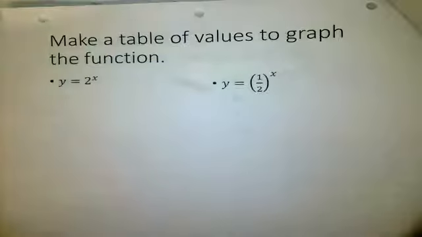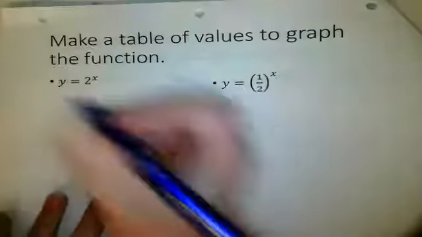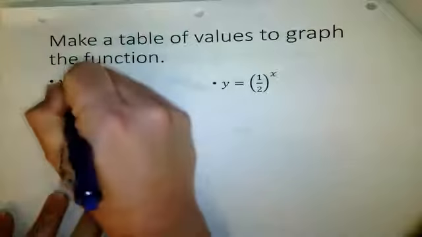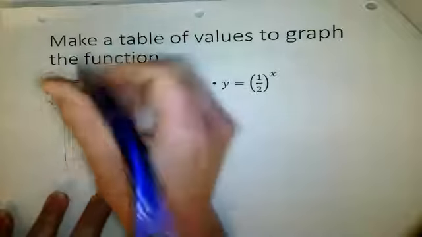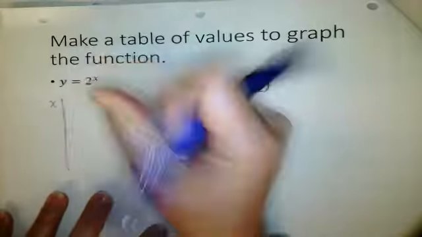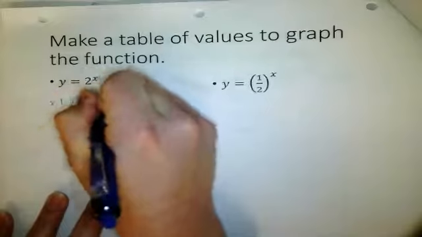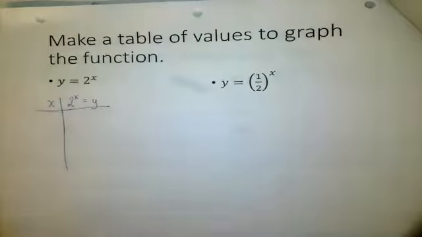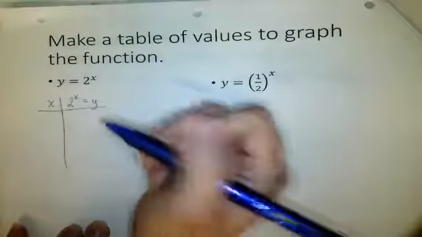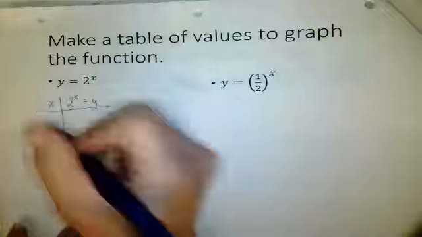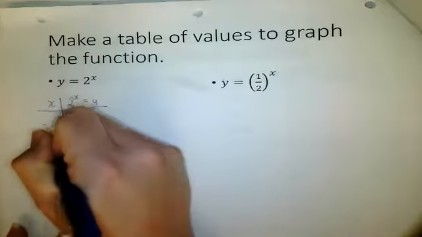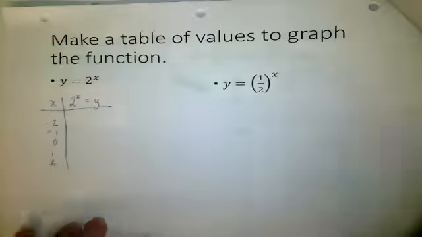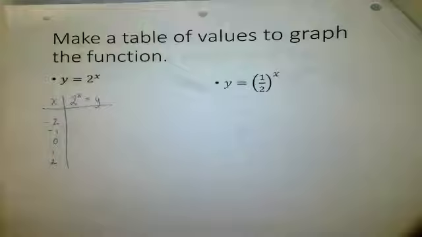And so we can always graph things by creating a table of values. I'm going to say 2 to the x equals y. And so all we have to do is pick values for x and plug them in and see what happens. And so we're going to do -2, -1, 0, 1, and 2. Always really good values to start with anything.